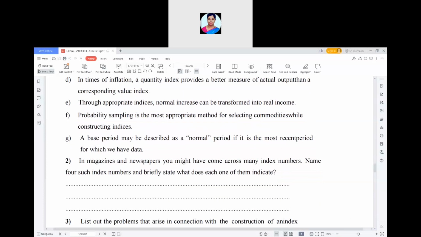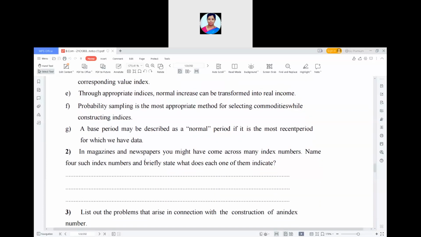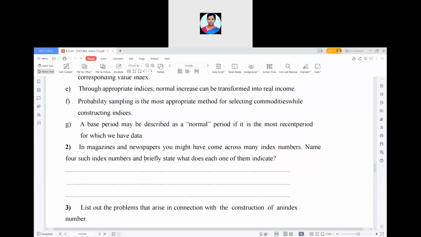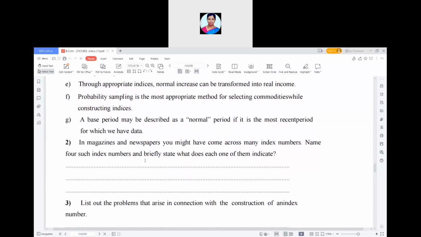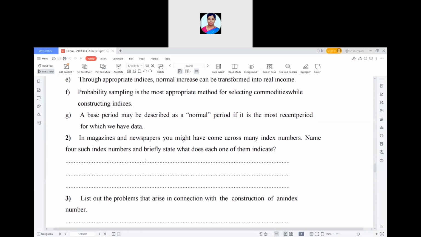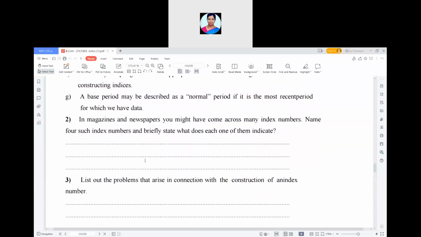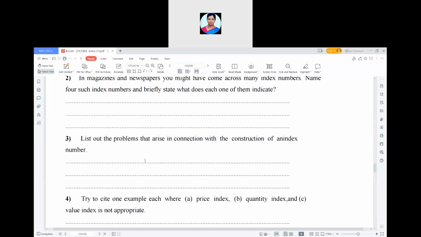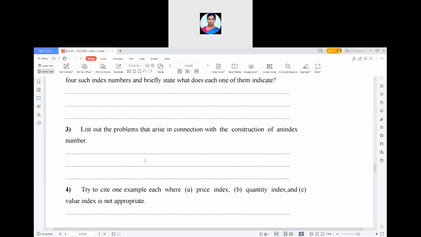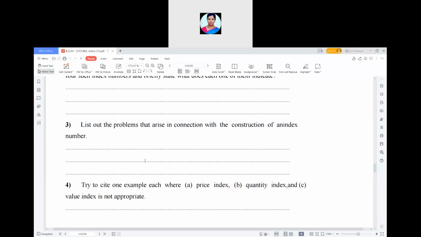And then the third question: list the problems that arise in relation to the construction of an index number. We have already seen this topic. What are the issues we come across when constructing the index number? So we have to list out the problems that arise, and then try to cite one example each where a price index, a quantity index, and a value index is not appropriate.